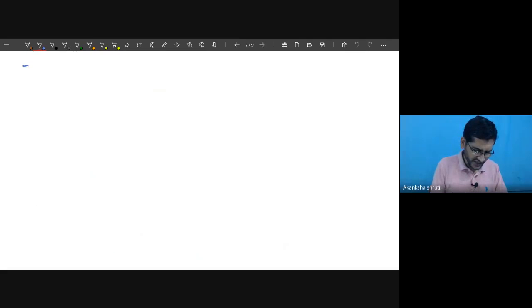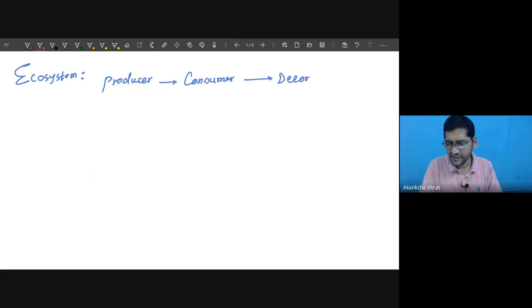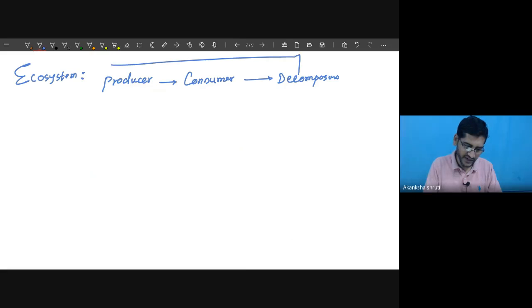So, right, an ecosystem must have the producer, must have the consumer, must have the decomposer, and after decomposition the energy is again transferred back and it is supplemented by the sun.